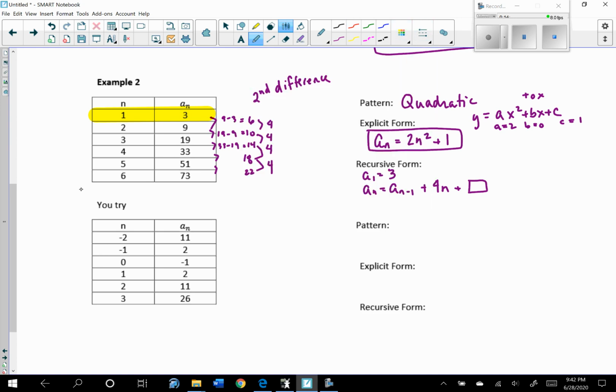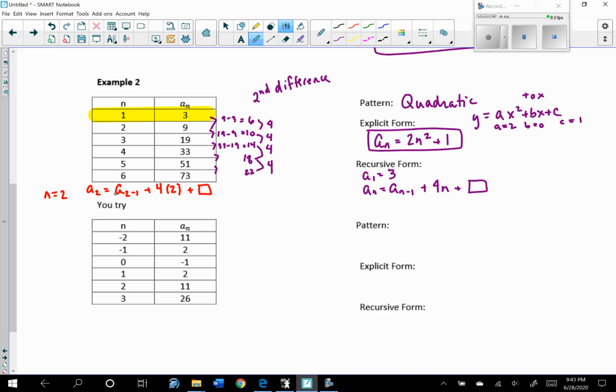So if we do n equals 2, we're going to be solving for this box using our table to help us. So a sub 2 is equal to, and we're plugging in 2 for all our n values into our equation. So 2 minus 1 plus 4 times 2 plus something.